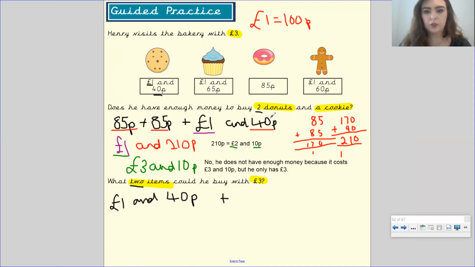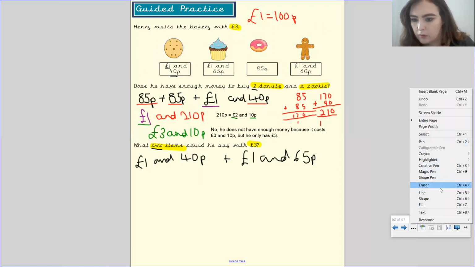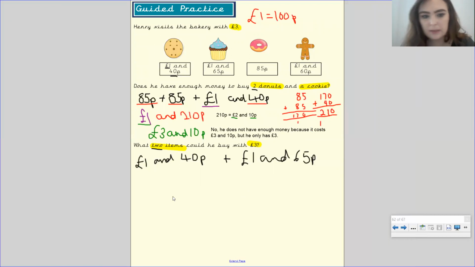Which other item could we choose? Okay, let's have a go at adding the cupcake. So this is £1 and 65 pence. Now I'm going to type this bit just because I don't have a lot of space and typing is going to be a little bit smaller.